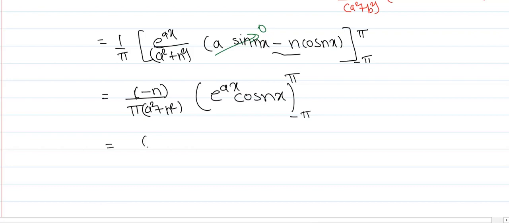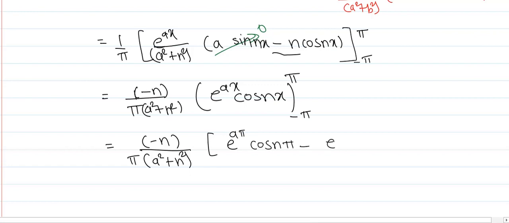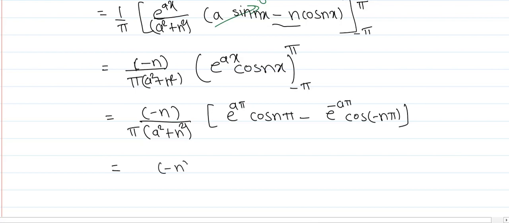Substitute upper limit, lower limit: minus n by pi of a square plus n square, upper limit e raised to a pi cos n pi minus lower limit e raised to minus a pi cos of minus n pi. The value of cos n pi is minus 1 raised to n. We know that cos of minus theta is cos theta, as cos is an even function.